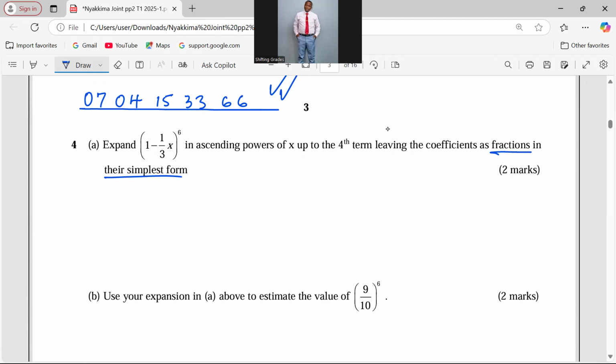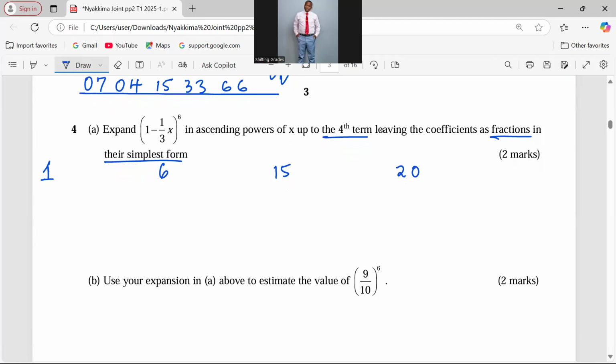So in this case, we are interested with only up to the 4th term. Therefore, the first term will have a coefficient of 1. Then we have the second term having a coefficient of 6. The third, a coefficient of 15. And the fourth, a coefficient of 20.